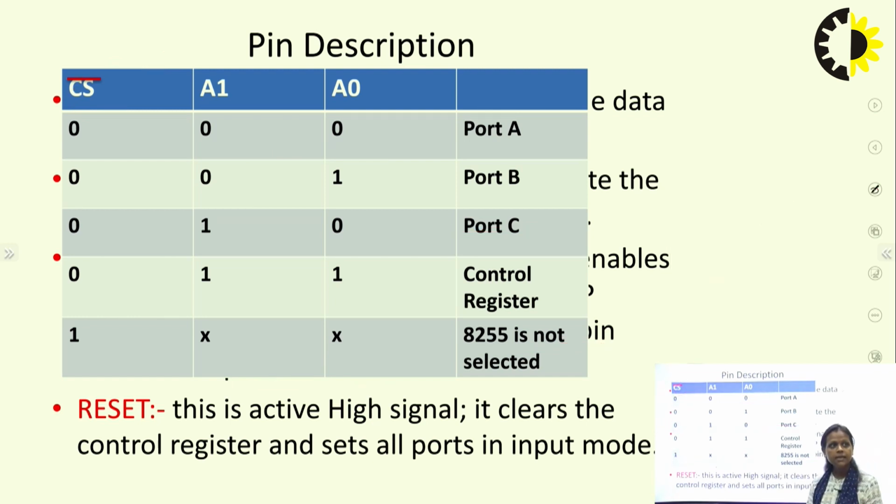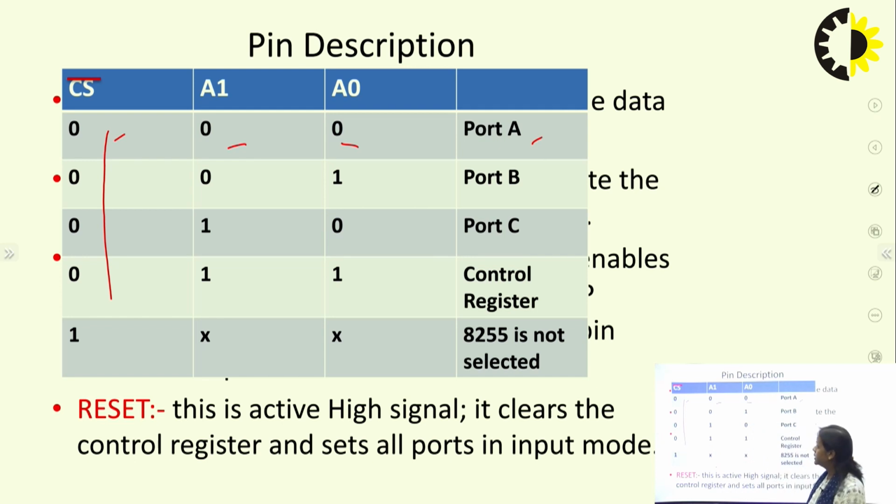Here we can see that CS bar is the chip select pin. This should be active to select a particular chip. So, this is active low. To select a chip, 0 should be there, and if A1 is 0 and A0 is 0, it means we are selecting port A. Again, CS will remain 0 if you are working on a particular chip.